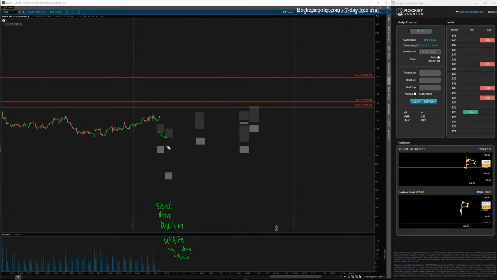So if 110 was bullish, it's more bullish. If the bear side goes up, it's more bearish. Same thing if the bear side goes down. It's not only that the bulls are more bullish, the bears are a lot less bearish.